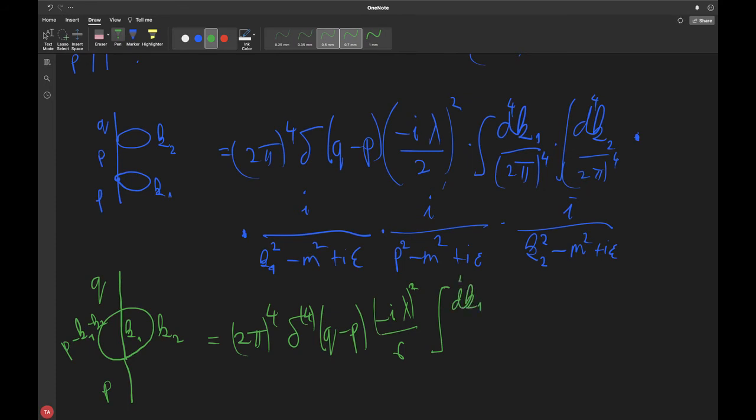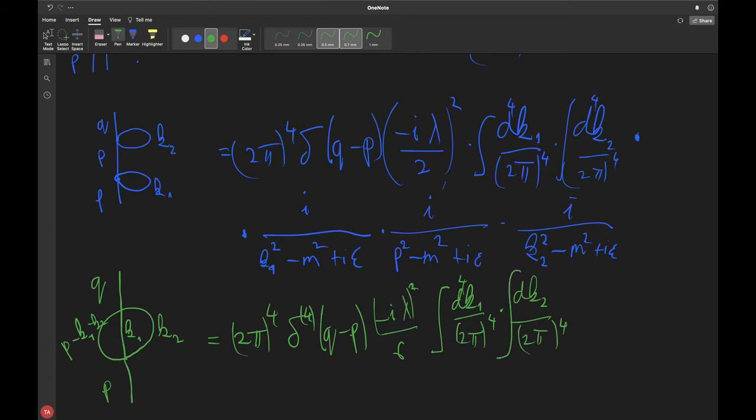So d^4k1 over 2 pi to the 4th power, d^4k2 over 2 pi to the 4th power.